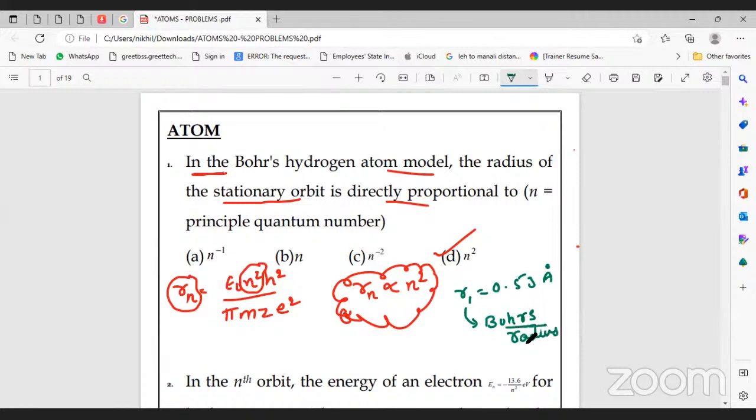Bohr's radius is the radius of electron in the first orbit of the hydrogen atom. So please remember this additional information. Radius is directly proportional to n squared, where n represents the principal quantum number. If you are in the second orbit, then you have to take it as 2 squared times the radius of the first orbit, like that.